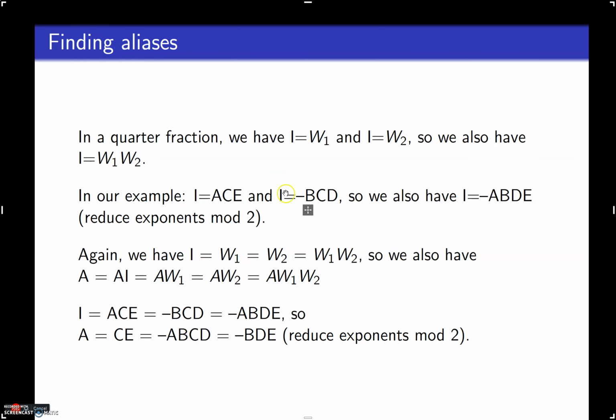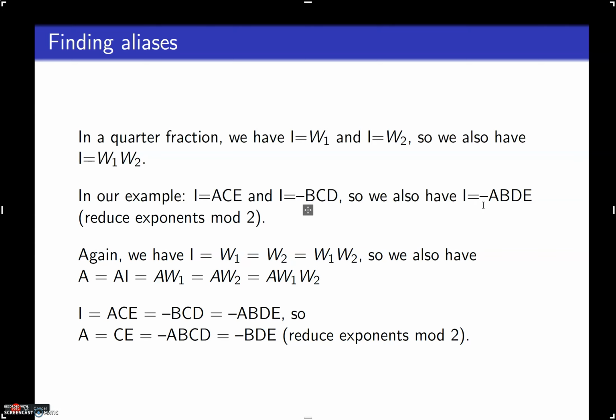So using that previous example from before, we had our two defining contrasts of ACE and negative BCD. And so we had the generalized interaction of ABDE. We remember that's the modular 2 kind of multiplication of terms if we exponentiate terms.